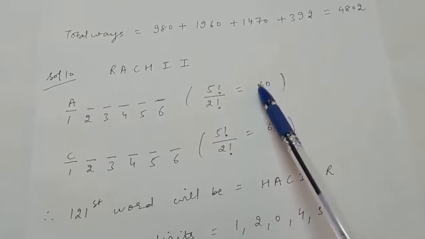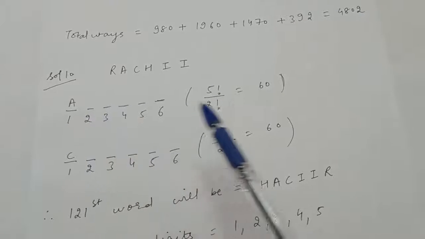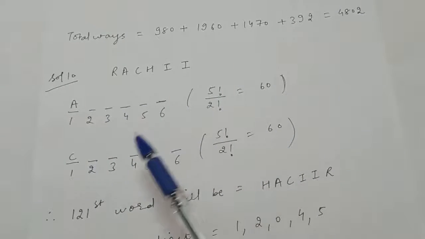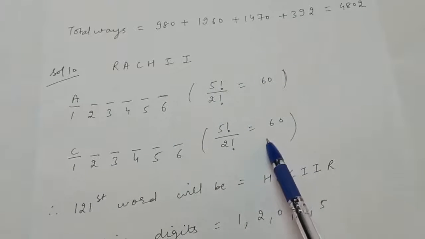Now 60 words are there which start with A, then 60 words which start with C. So in total 120 words are already listed.